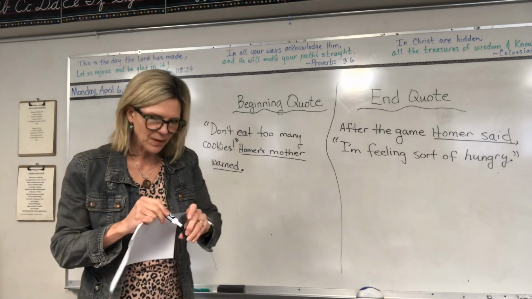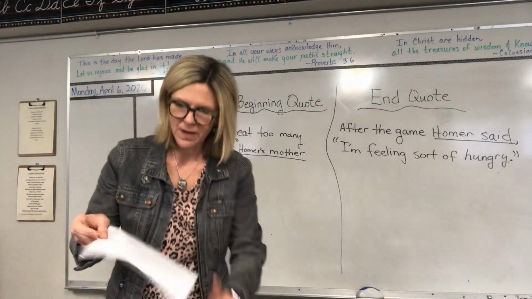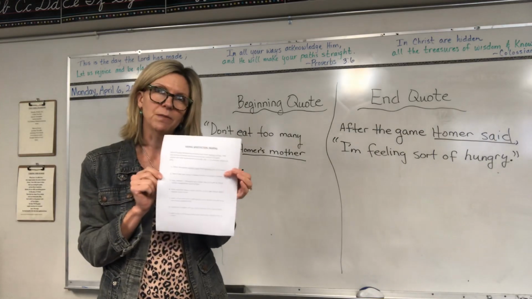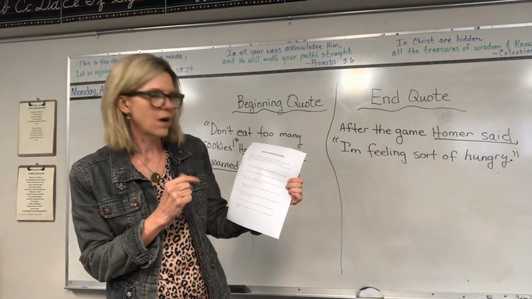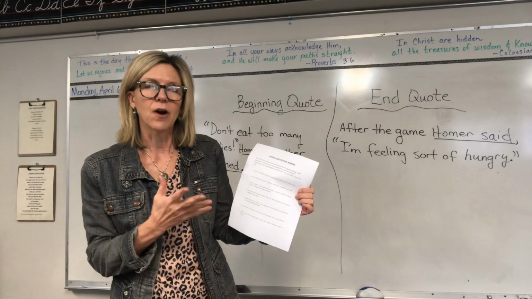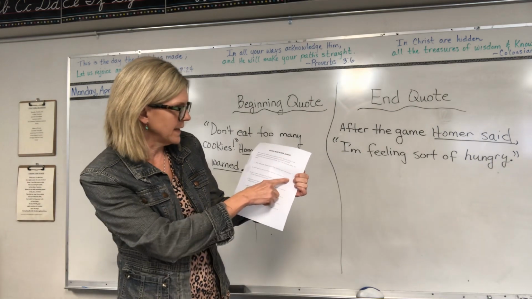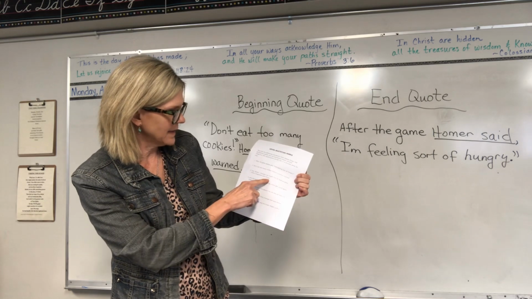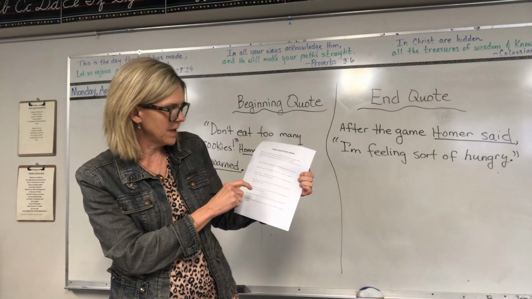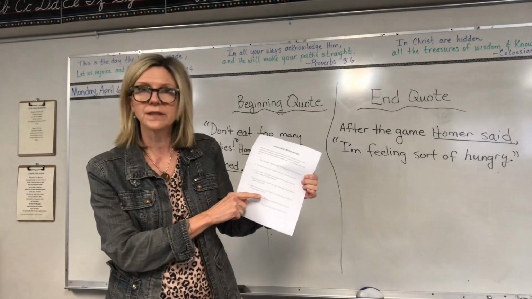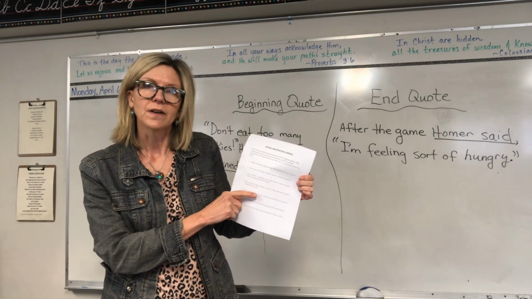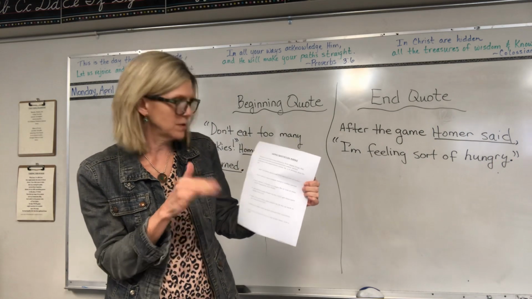Now, in your book, this one is a little bit easier because I don't really have you making a lot of corrections on grammar and punctuation. It is missing quotation marks, I see that, and maybe some end marks at the end of the quote, those types of things.